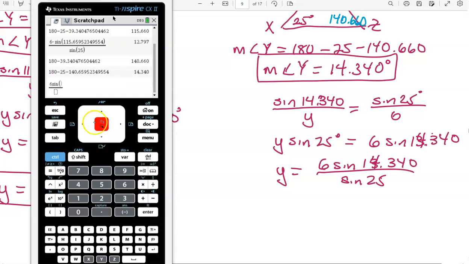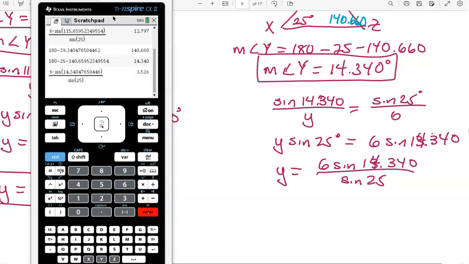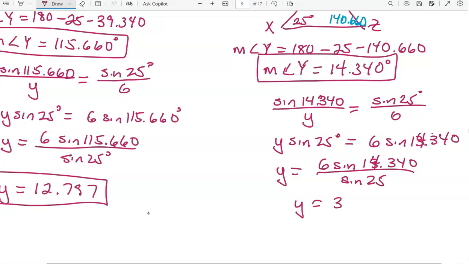And so that would be 6 times the sine of the previous answer. You can use the answer feature if you like, or you can just paste it in by clicking up and grabbing that number, then divided by the sine of 25. Press enter, 3.516.